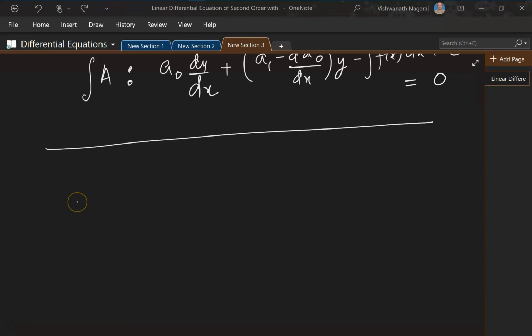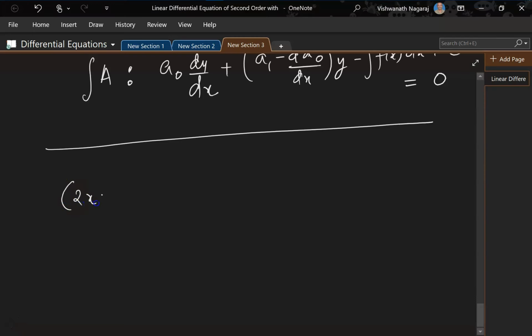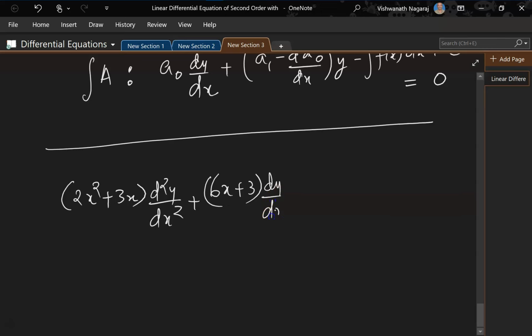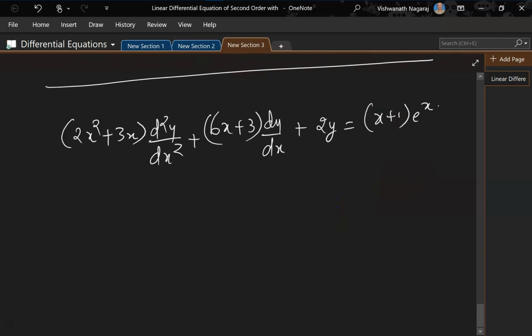Okay, let's say the given equation is 2x square plus 3x d2y by dx square plus 6x plus 3 dy by dx plus 2y is equal to x plus 1 e to the power of x, right?